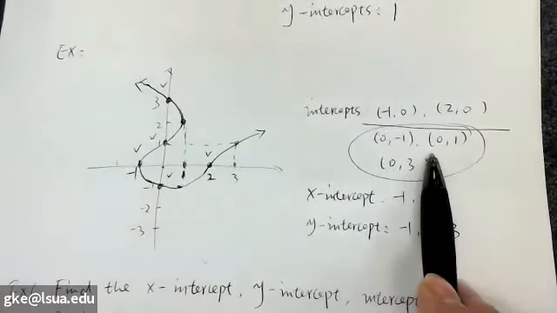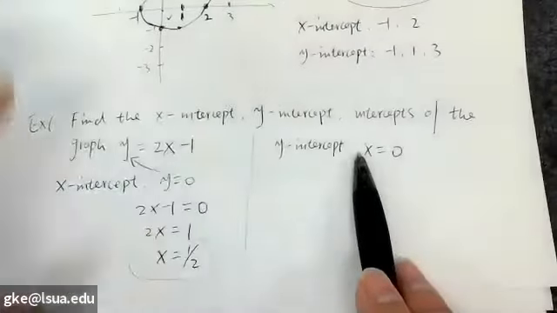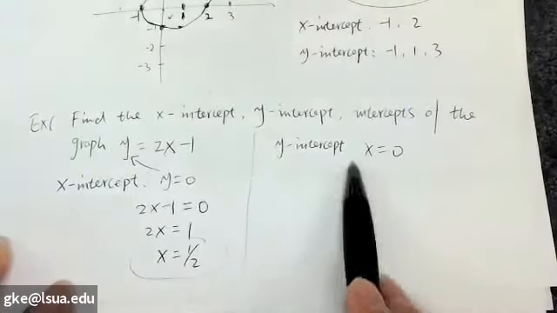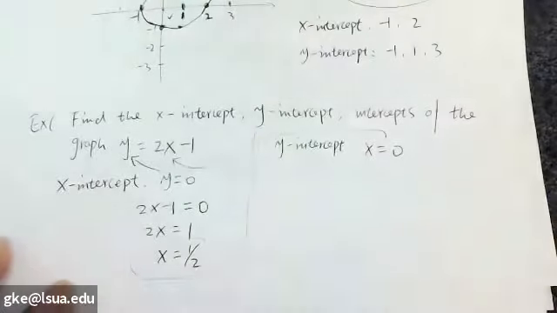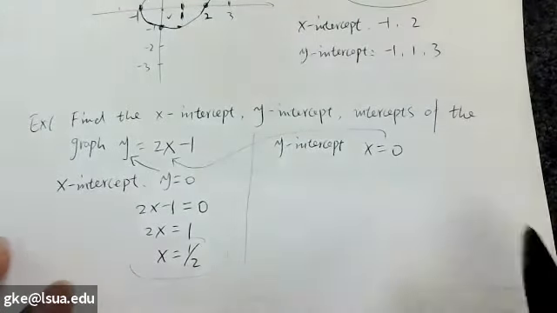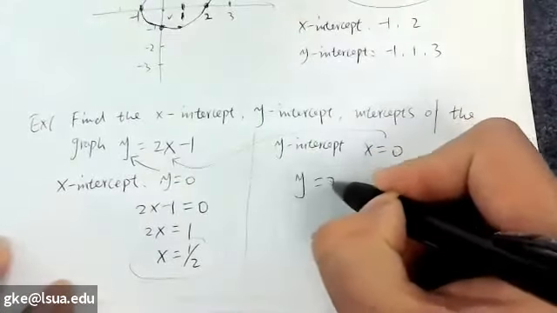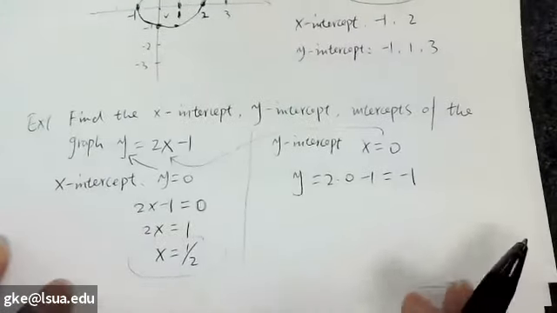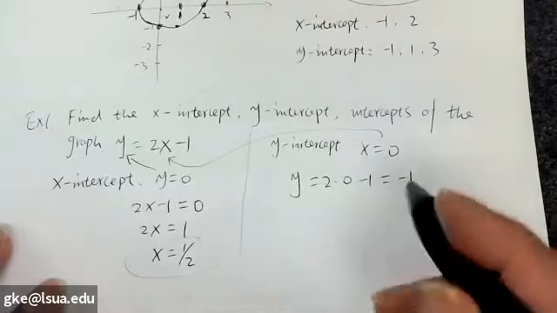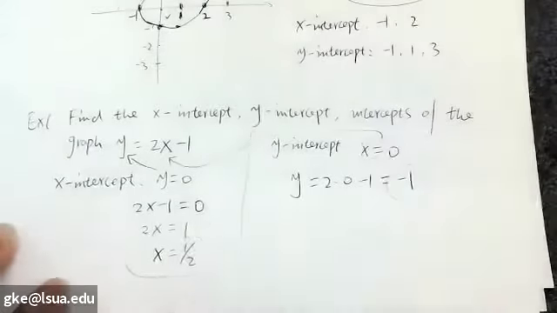So for the y-intercept, x equals 0, and plugging in here, we have 2 times 0 minus 1 equals -1. You see it? And this is the y-intercept.